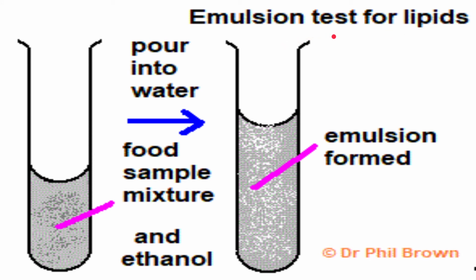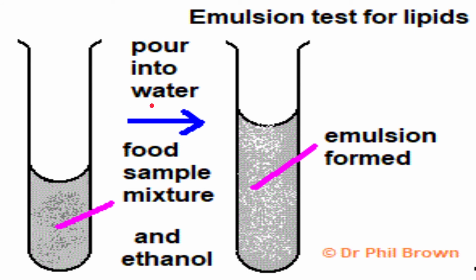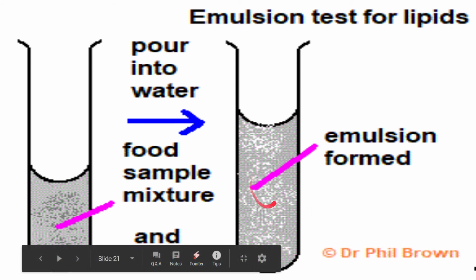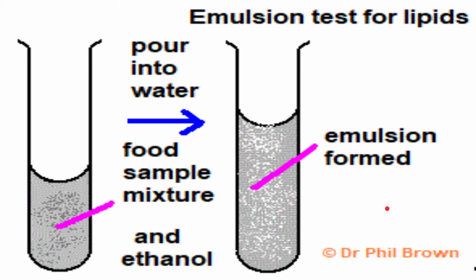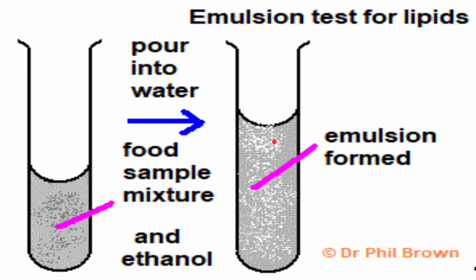You add your sample, you add water, you mix them, then you add ethanol, then you mix it, and if you have a white emulsion, which is shown poorly here by this mosaic, you know that you have lipid within that solution. If you do not observe a milky white emulsion, you probably do not have lipid in there.